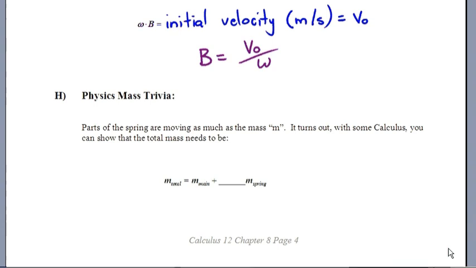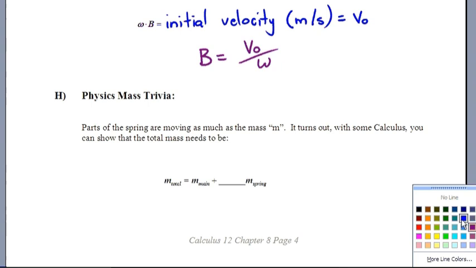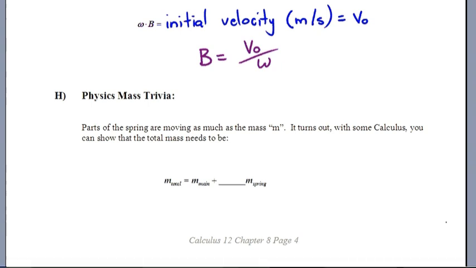And you have to include the spring's mass when you're trying to figure out how much mass is actually bouncing. You might think it would be reasonable to include half the mass of the spring, but it's a kinetic energy issue, and you have to do some integrating. It turns out to be a little more complicated, and you actually need to include 1/3 the mass of the spring in your calculation for the total mass.